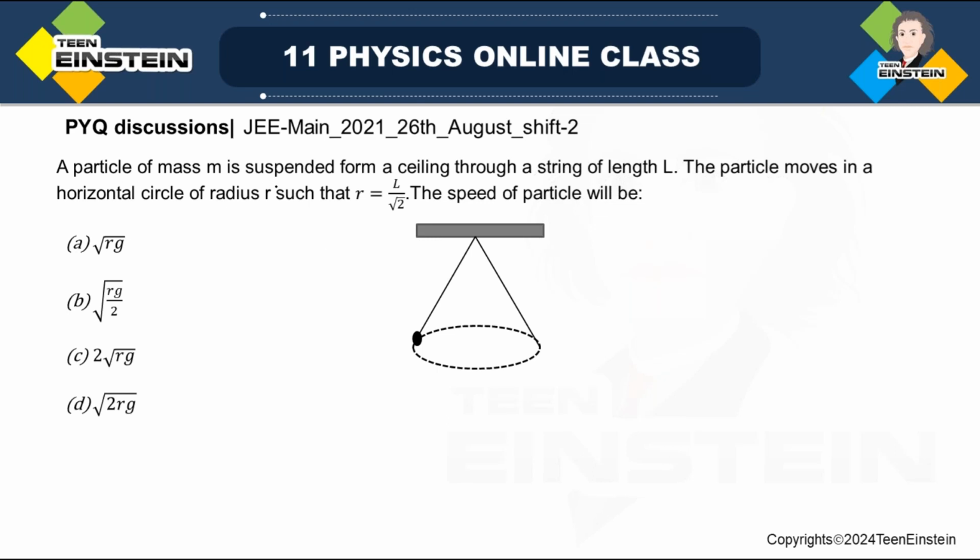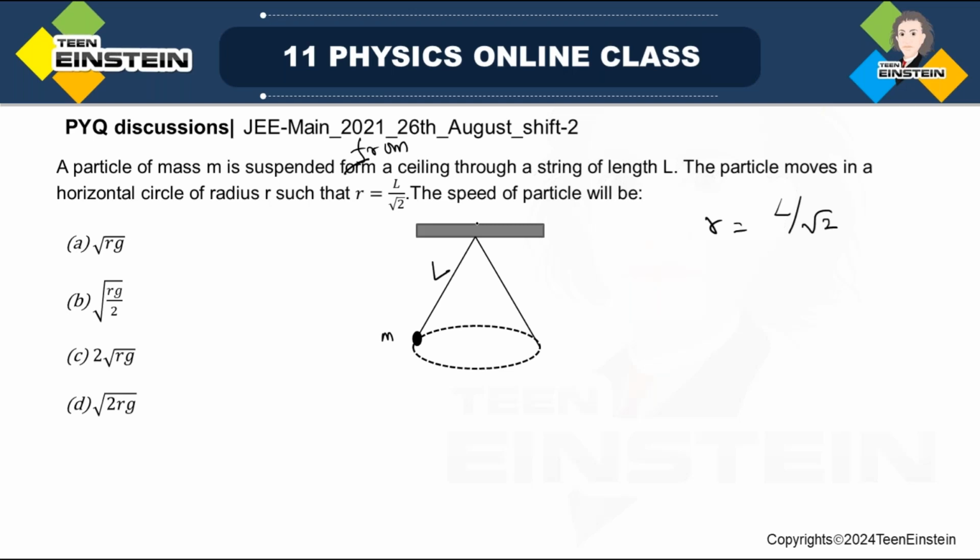A particle of mass m is suspended from a ceiling through a string of length L. So this is a particle of mass m, and it is suspended from a ceiling through a string of length L. The particle moves in a horizontal circle of radius small r such that r is L by root over 2. So you have to find out what is the speed.